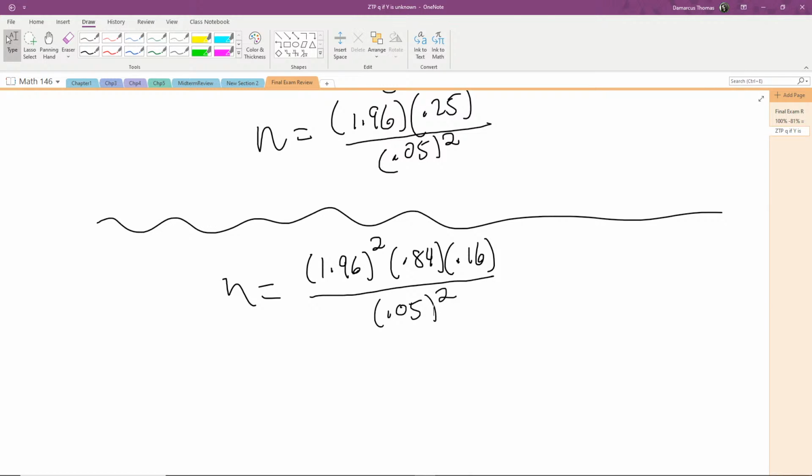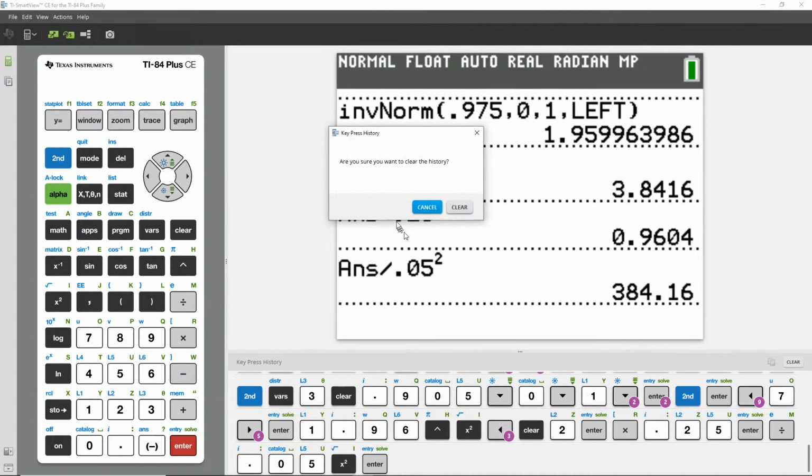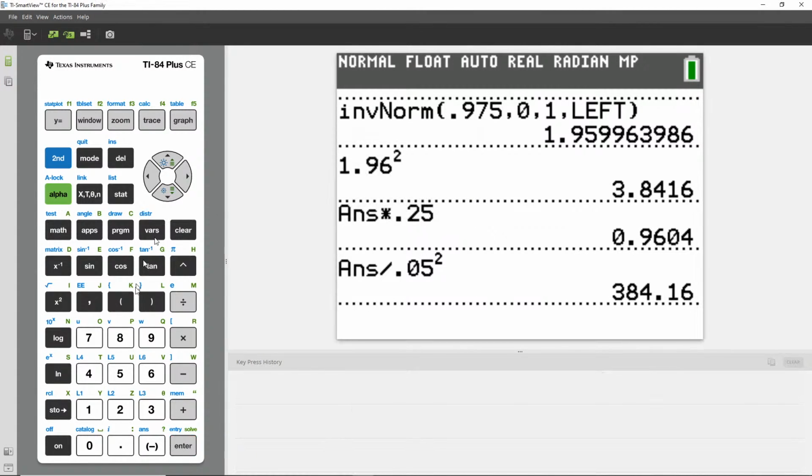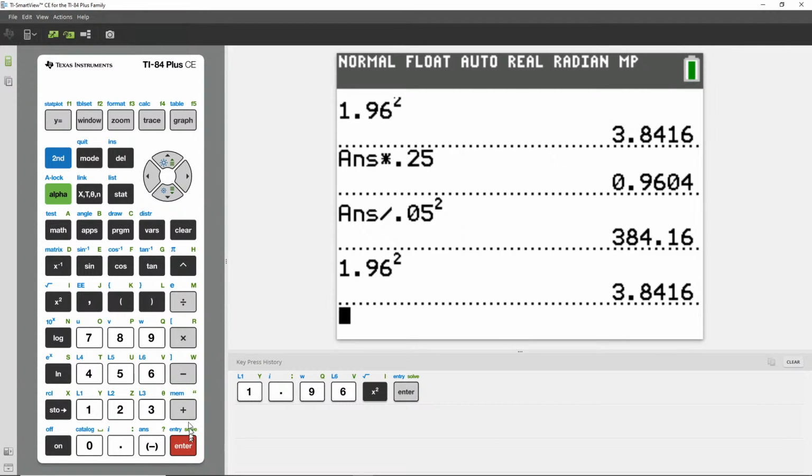So now I'm going to use my calculator here. And what I'm going to do is start off with 1.96. Let's clear all this out. 1.96 squared. Then we're going to multiply by 0.84 and then also 0.16.